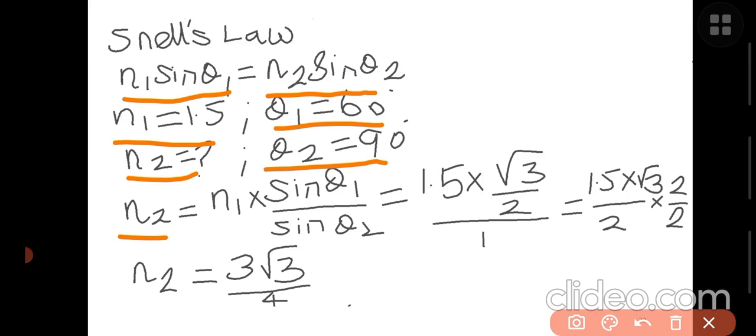As a result we get 1.5 times root 3 divided by 2. Multiplying by 2 in the numerator and the denominator, we get n2, that is the index, 3 root 3 by 4, which is the answer.